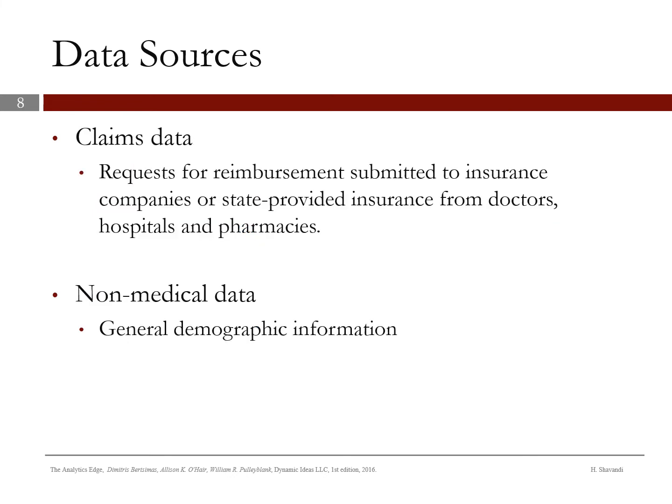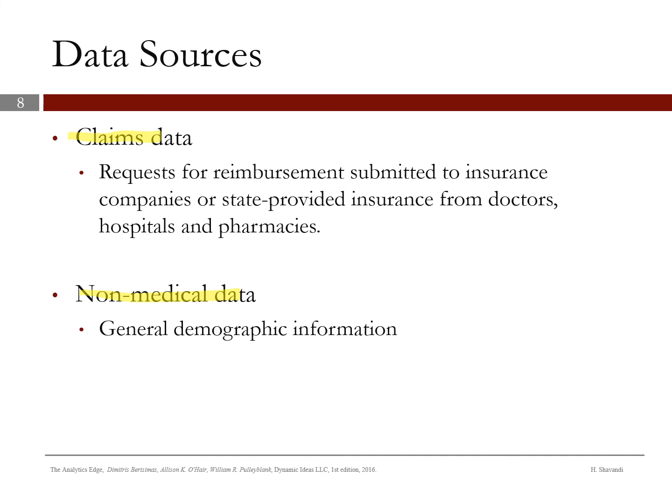The available data sources are these two: claims data and the non-medical data. So claims data are the data submitted by the healthcare providers like the hospitals to third parties like the insurance companies for reimbursement.